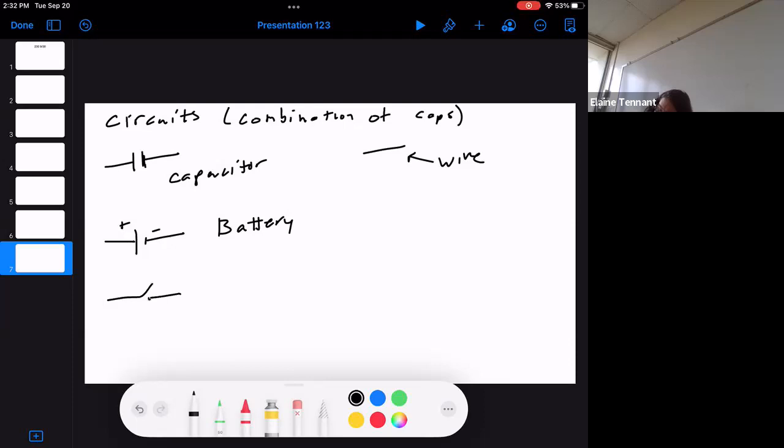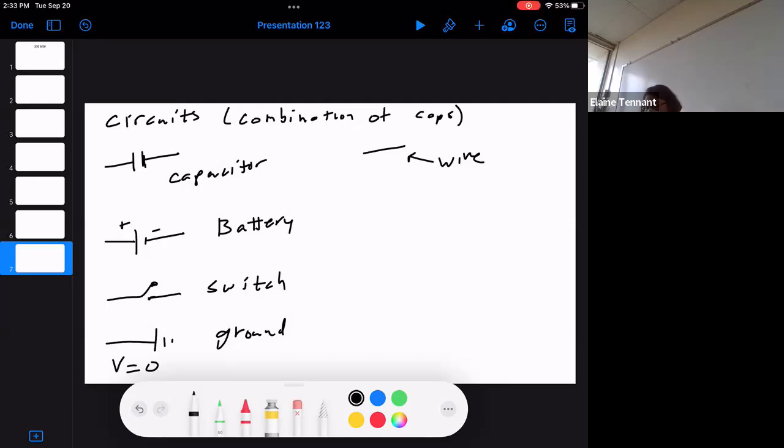You could also see a switch. The last one you might see, which we talked about earlier this semester, is ground. Anytime you have a couple of lines that get smaller, that's ground. Keep in mind that ground has a potential of 0. That's why everything will always go towards it, because it'll be the lowest potential by definition.